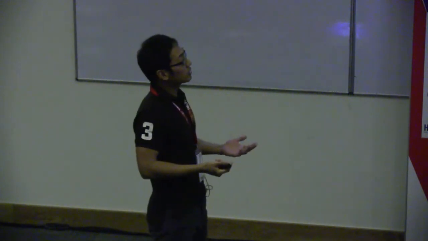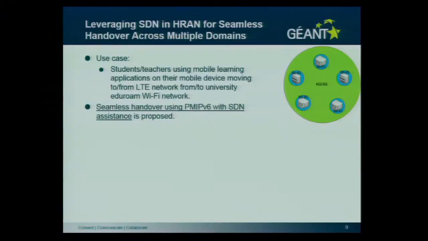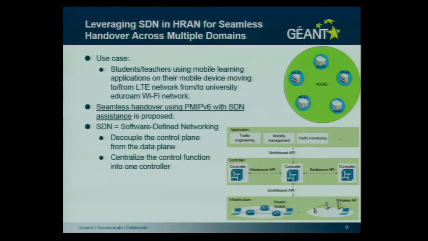The idea for seamless handover using this protocol with SDN assistance is proposed here. The beauty of SDN is to decouple the control plane and the data plane and put all the control plane into software, called the controller. Centered on this controller, we can have southbound API, northbound API, and west and eastbound APIs.